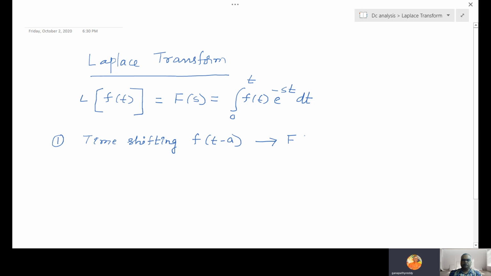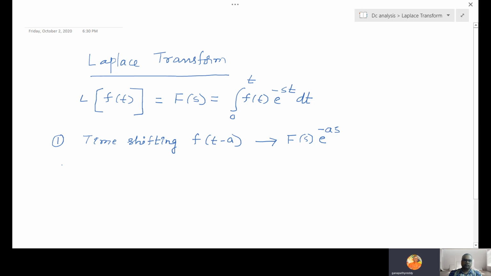Its transform is F of s e power minus as. So time shifting here minus, here also minus. Time is shifted, but the frequency domain is multiplied with an exponential.